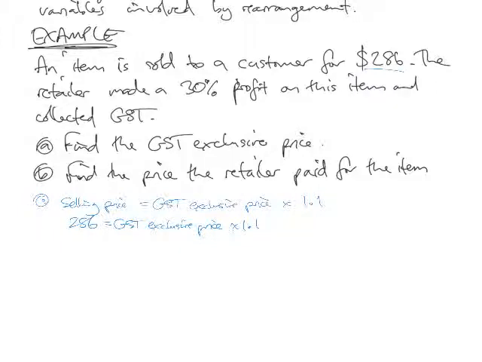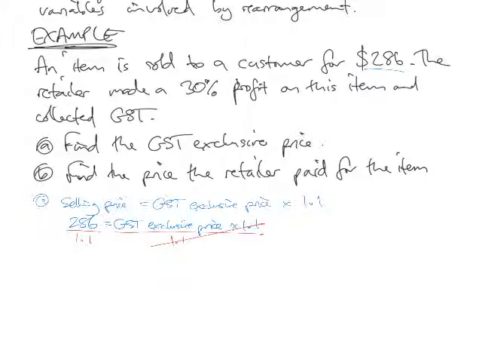So I need to rearrange it so GST exclusive price is by itself. How do we do that? We need to use reverse BEDMAS and opposite operations. What's annoying me here is the times by 1.1. So to remove times by 1.1, we need to divide both sides by 1.1. Timesing something by 1.1 and dividing it by 1.1 cancels that out.